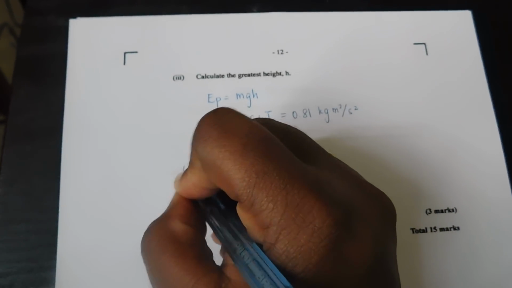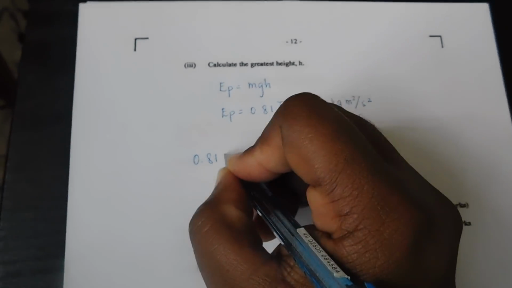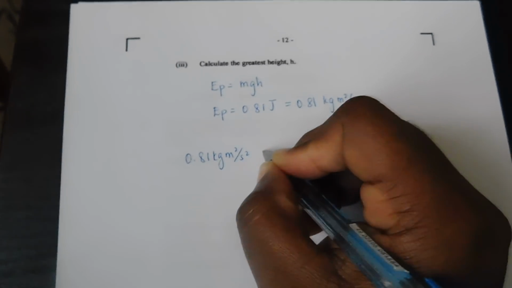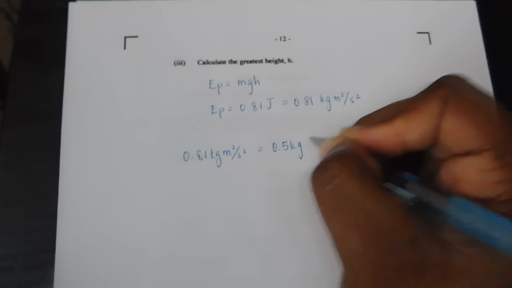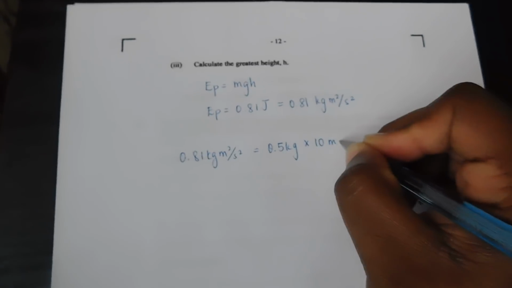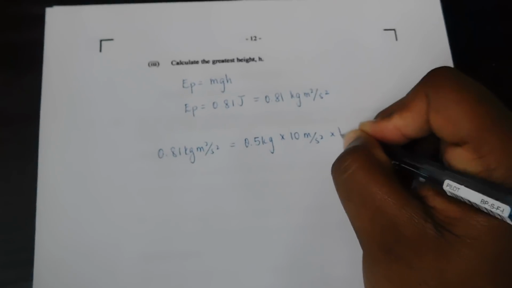So 0.81 kg m squared per second squared is equal to 0.5 kg times 10 meters per second squared times h.